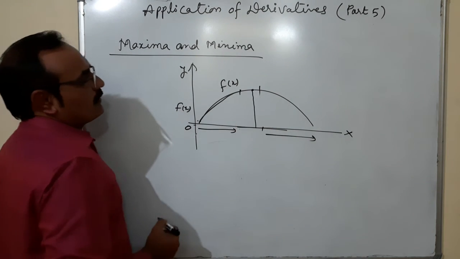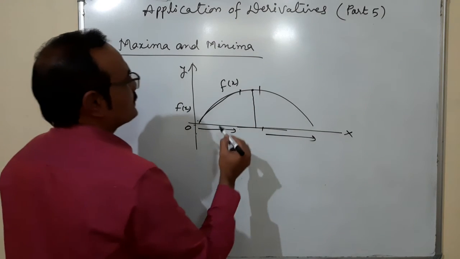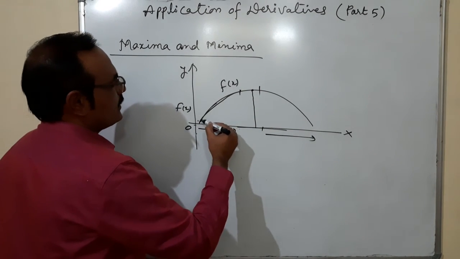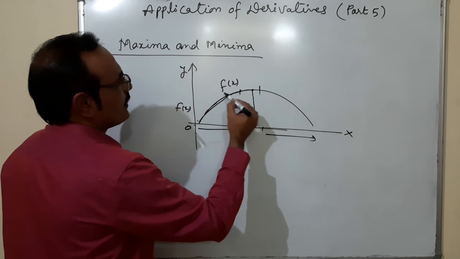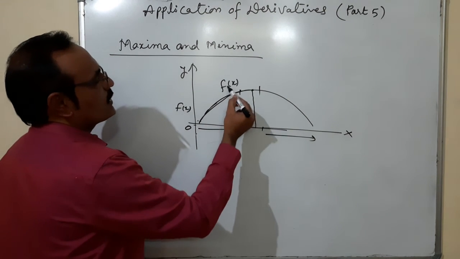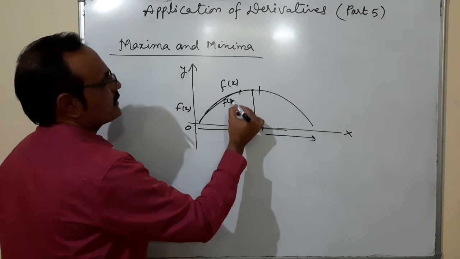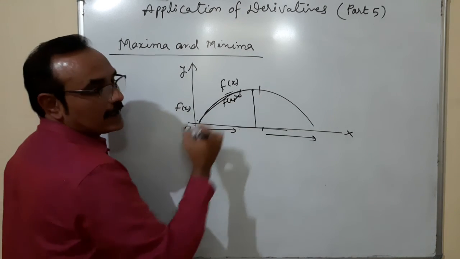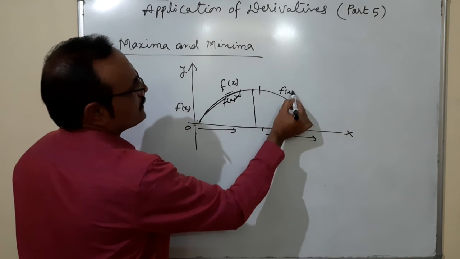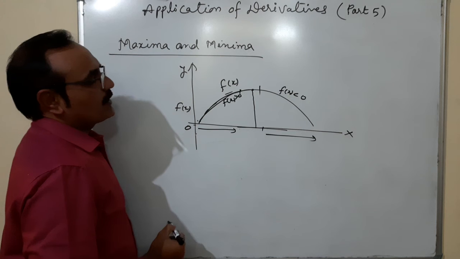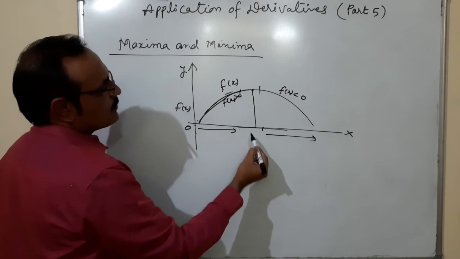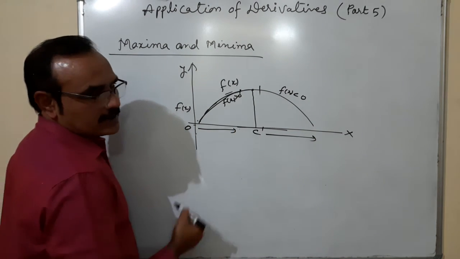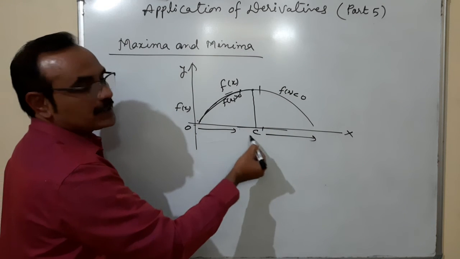How to find this maximum height? Here f dash x is greater than 0 because the function is increasing, and here f dash x is less than 0 because it is decreasing. Suppose this is a point on the x-axis, point C. At point C, it attains the maximum height.